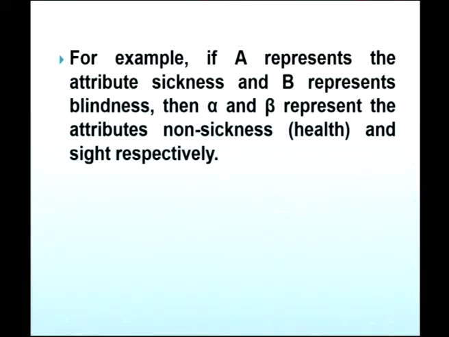For example, if A represents the attribute sickness and B represents the attribute blindness, then alpha and beta represent the attributes non-sickness, that is healthy, and sight, the antonym of blindness, respectively. So beta represents non-blindness, which is sight.